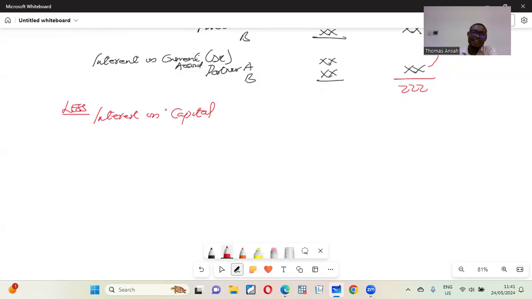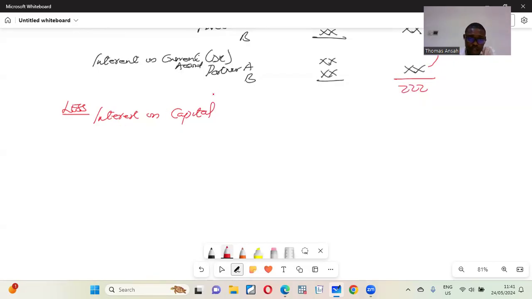To the partner, it becomes an income. But to the partnership, it is money they are paying to the partner, and that is going to reduce their profit. So we need to reduce the profit with these things before we share it, so that everybody has taken a share. Then we have a correct net profit to share.